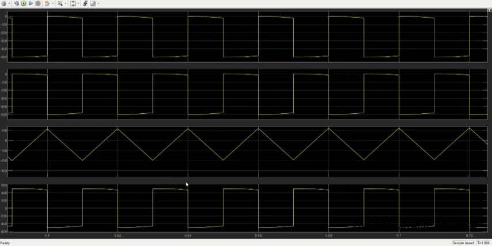And this plot shows that switch 1 and switch 2 are activated as well.